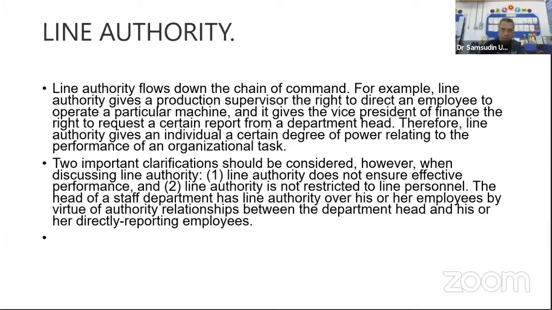Two important clarifications should be considered. First, line authority flows down the chain of command. For example, line authority gives a production supervisor the right to direct the employees, the manufacturing employees.